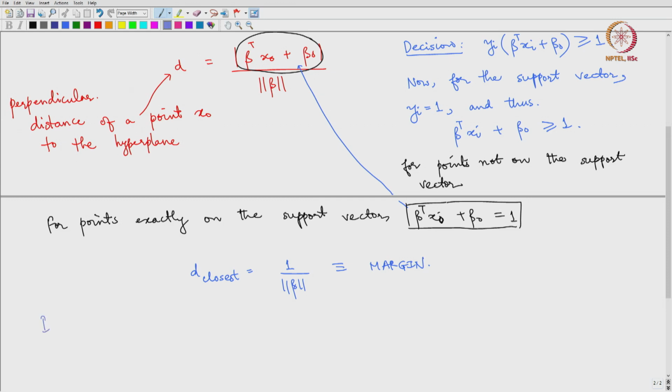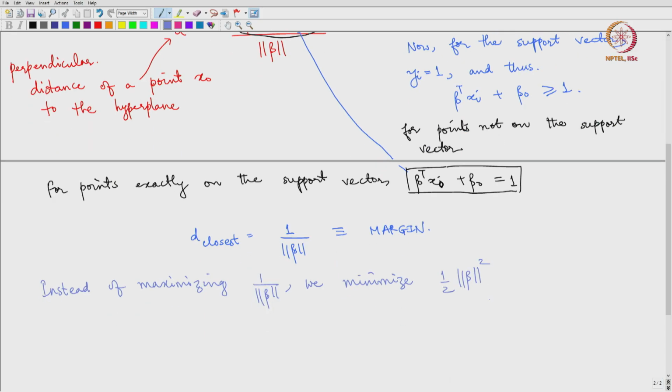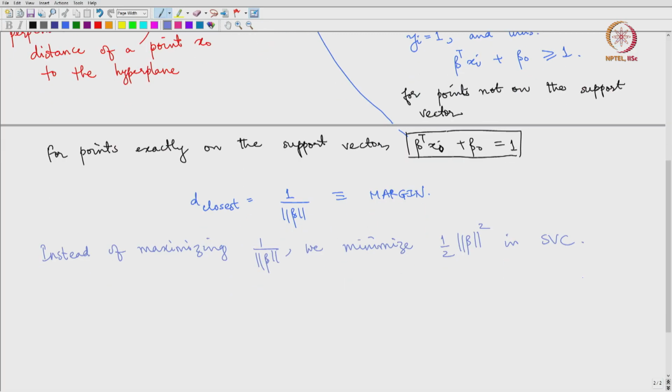So instead of maximizing 1 over norm beta, what we end up doing is we minimize half of the norm of beta squared. Okay. And this is done in support vector classification.